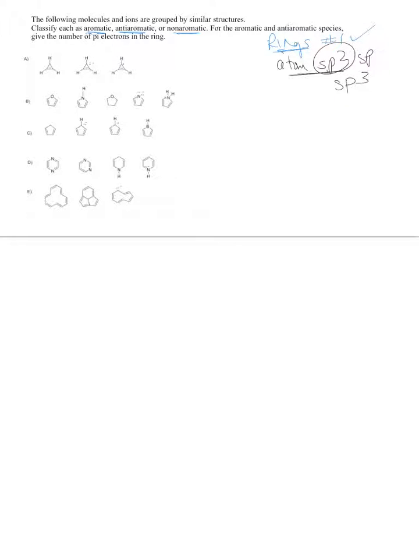If it's sp3, okay, we're going to say that is non-aromatic. So if there is a ring atom, I say atom because we also have oxygens, and we have nitrogens, and we have carbons. If it's an sp3, it's non-aromatic. And if it is sp2, and they're all sp2, then you're going to decide whether it's aromatic or anti-aromatic.